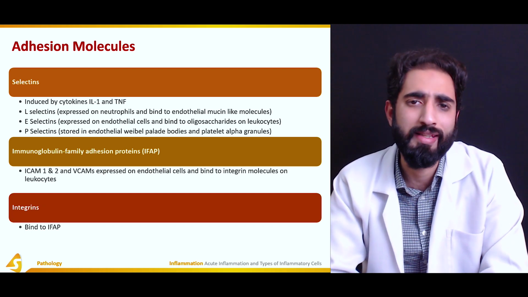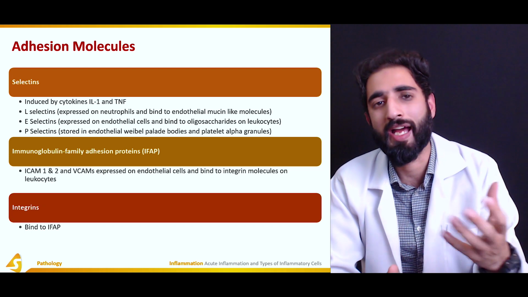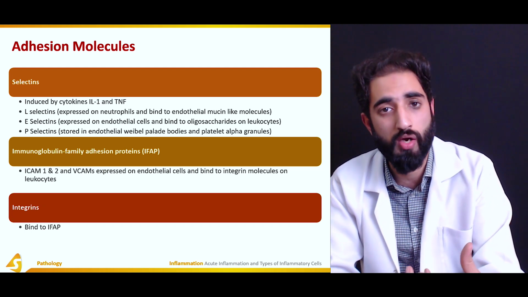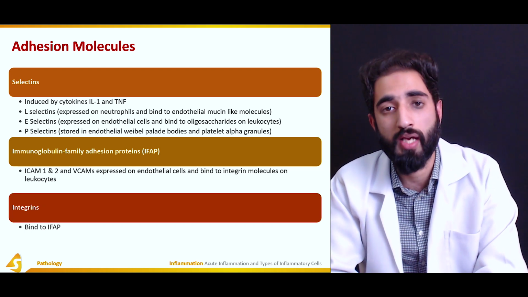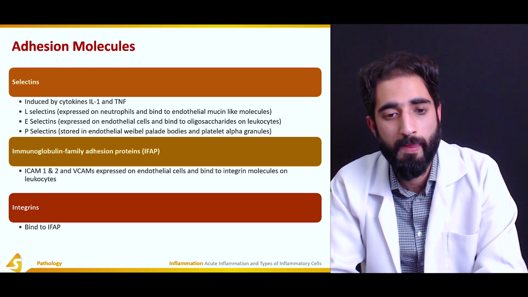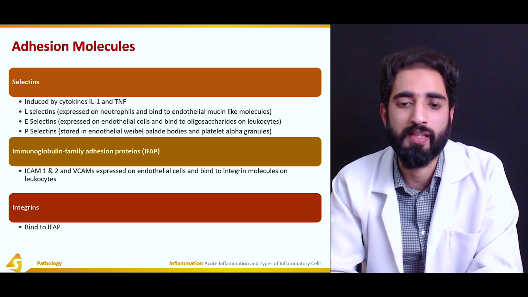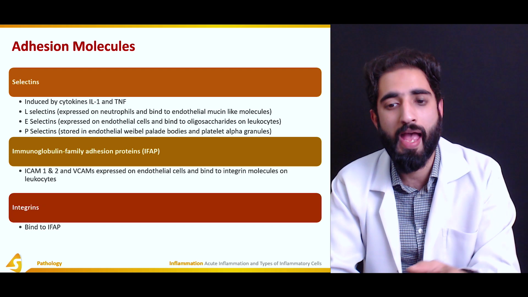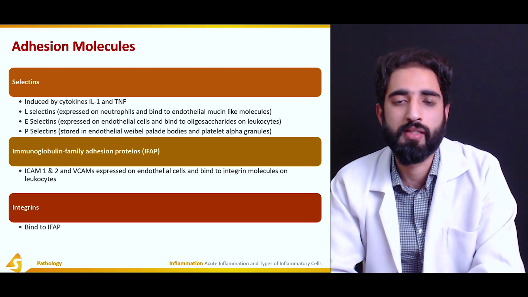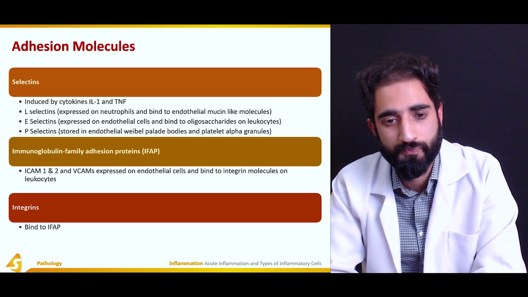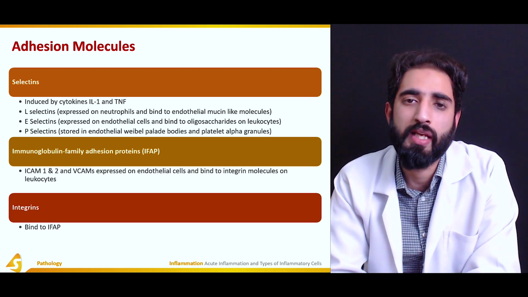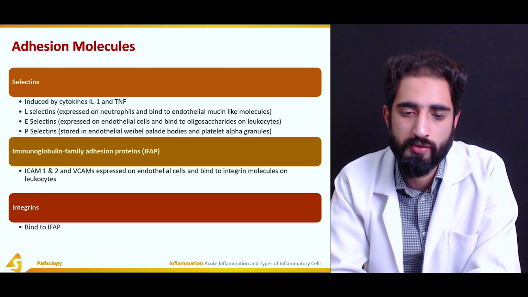The second one are the E-selectins, which are expressed on the endothelial cells, and they bind to the oligosaccharides on the leukocytes, which are WBCs. And then there are the P-selectins, which are stored in the endothelial Weibel-Palade bodies, and they bind with the platelet alpha granules.